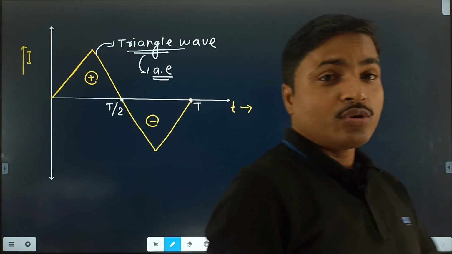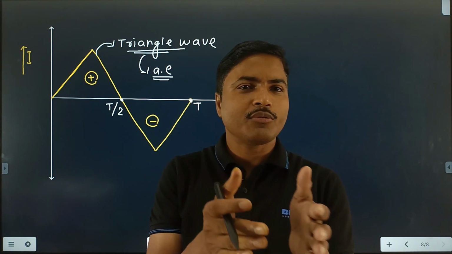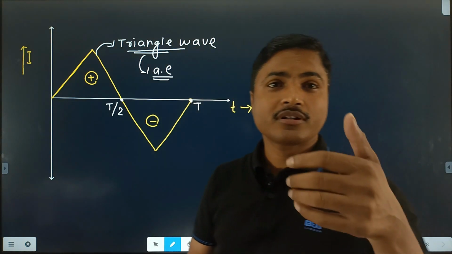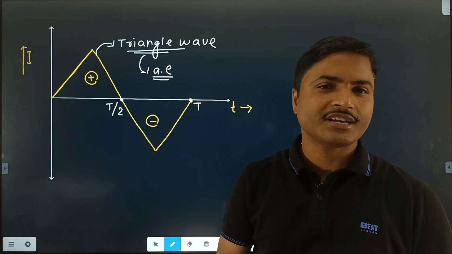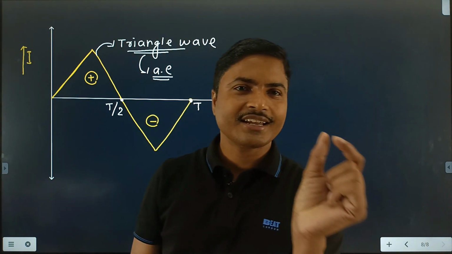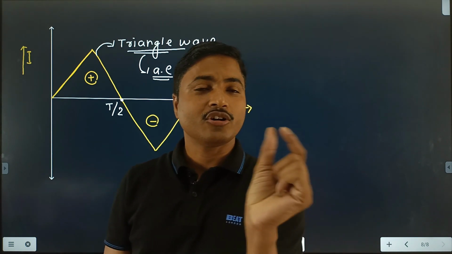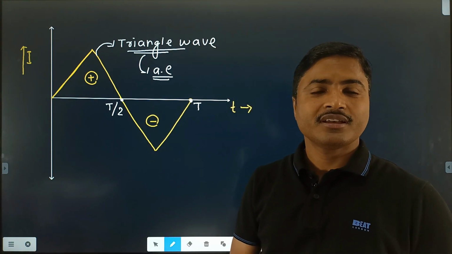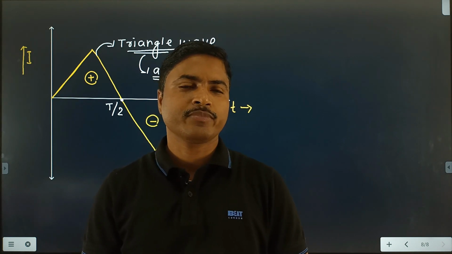But in the case of your electric main supply to our homes for domestic purpose, or for industrial or commercial purpose, that electric supply is always approximately alternating in nature, and that is alternating current.